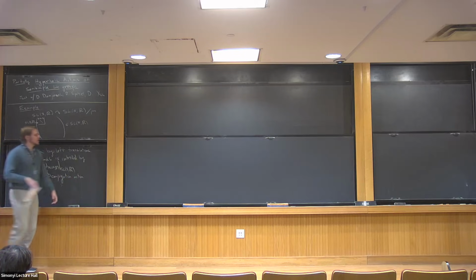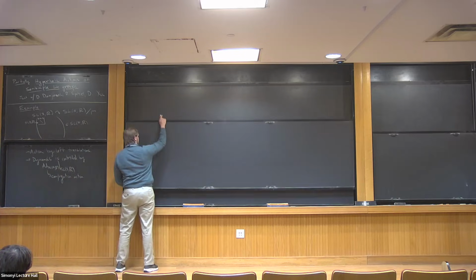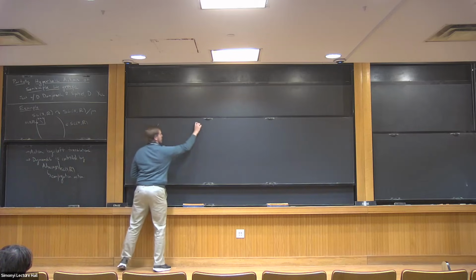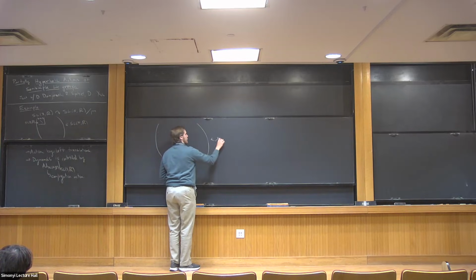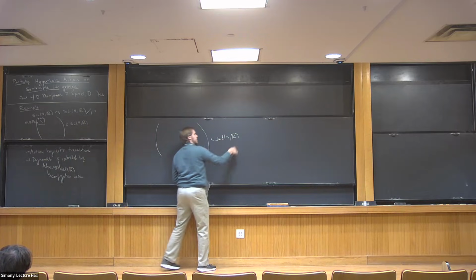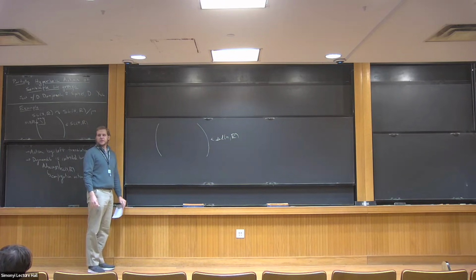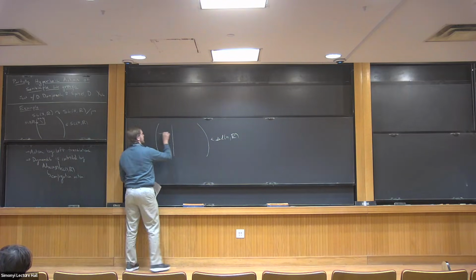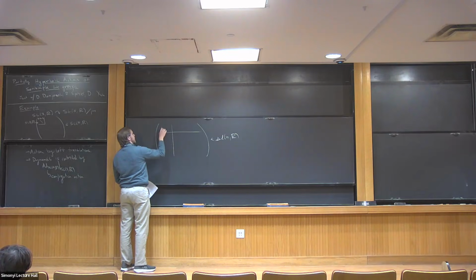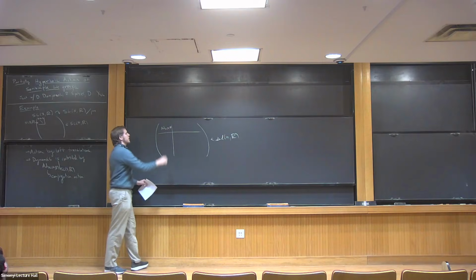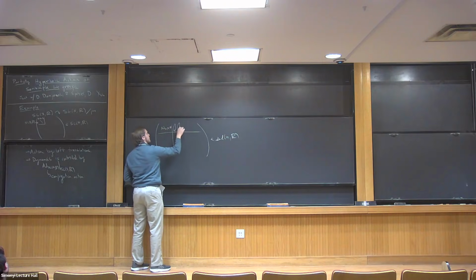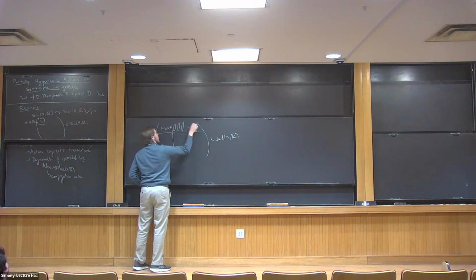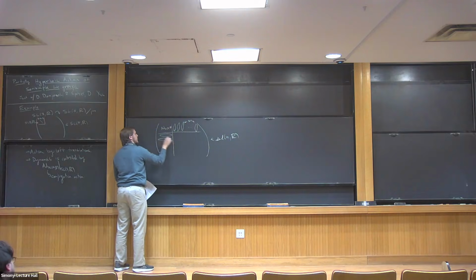Well, the adjoint representation acts on SLNR, the Lie algebra, which is just basically all matrices. The only condition I have is that the trace is zero, and it breaks up in the way you might think it does. Here I see the adjoint representation of SL3R, and then I have a bunch of copies of the standard representation of SL3. And then here I have a bunch of copies of the dual of the standard representation.